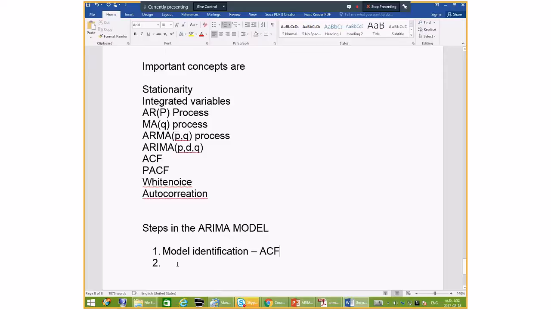Right, in model identification, instead of the autocorrelation function, we can also use the augmented Dickey-Fuller test as well as the Phillips-Perron test to check the stationarity. Then the next step, for the autoregressive integrated moving average model, is model estimation: model identification, then model estimation.